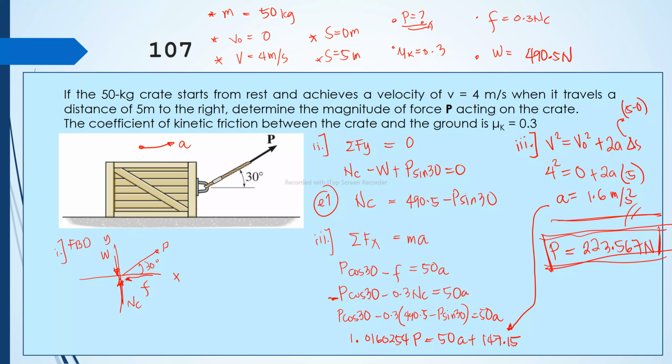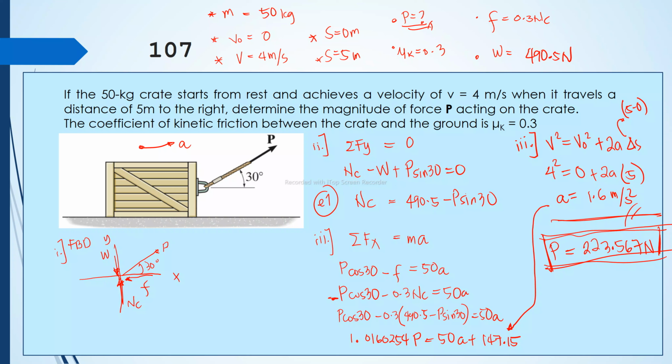And also, if the surface is inclined, then we try to apply the rules of the kinetics of a particle on the inclined axis. Same also with the kinematic equation which you previously learned, you can also apply that on an inclined surface instead of getting the components of the inclined surface.